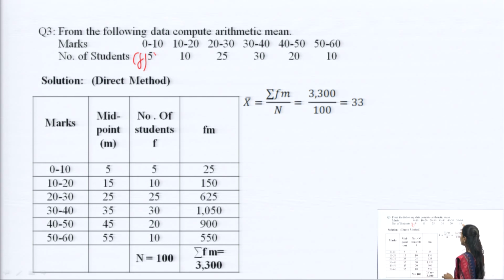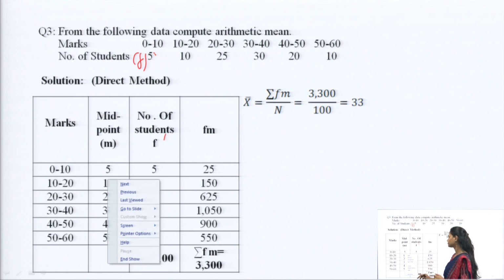If we add the number of students here, we get the total frequency, the total strength of the class, and it came out to be 100.